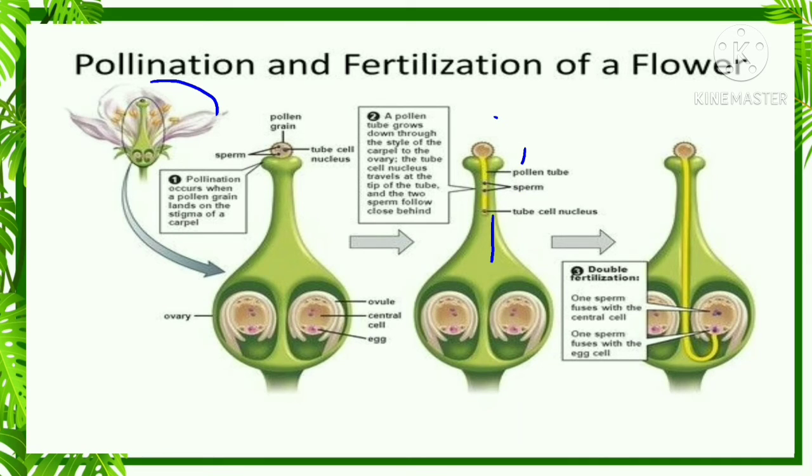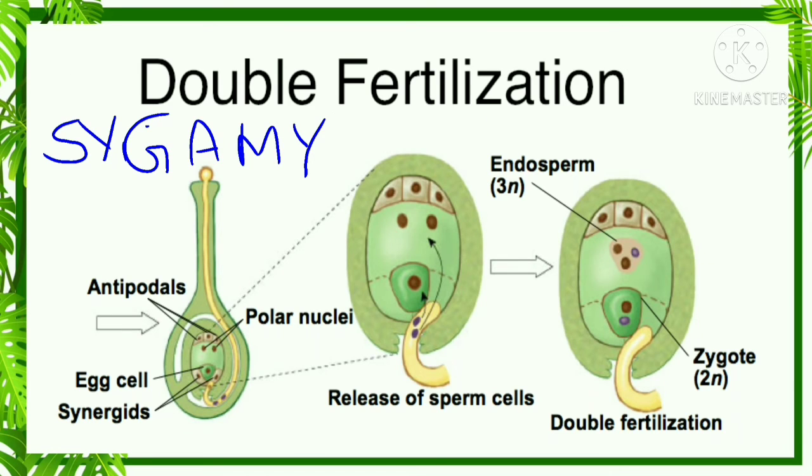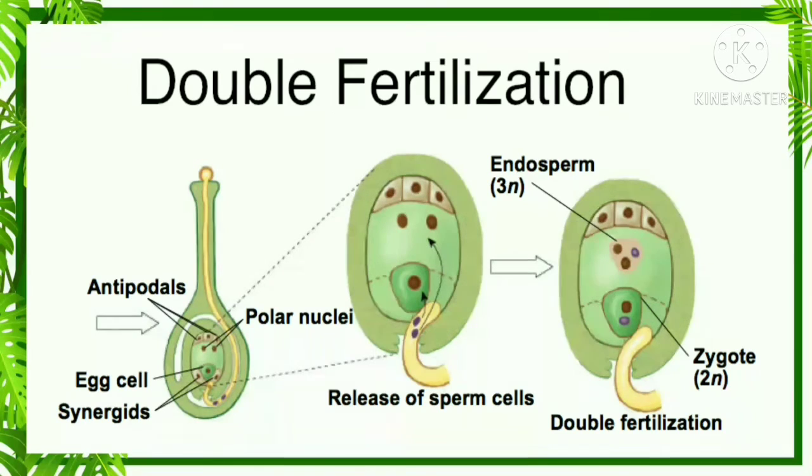On reaching the embryo sac, the pollen tube discharges 2 sperms or male gametes. One fuses with the egg and another fuses with the central cell. So there occur 2 fusions. One male gamete fuses with the egg cell, forming the zygote.